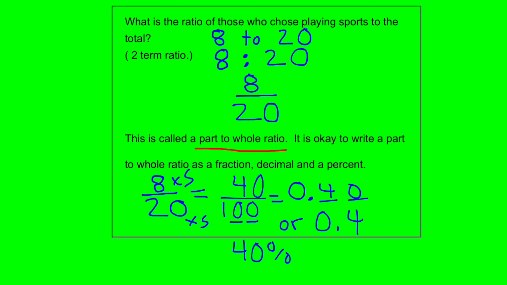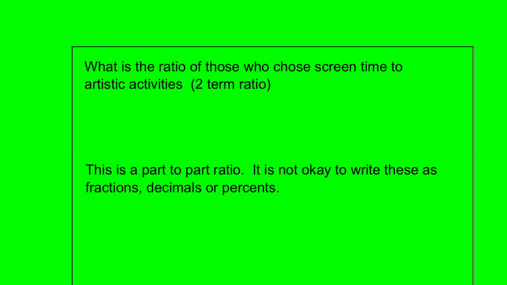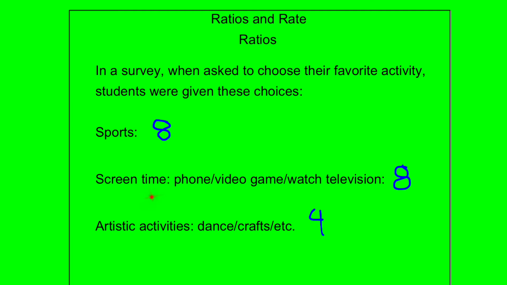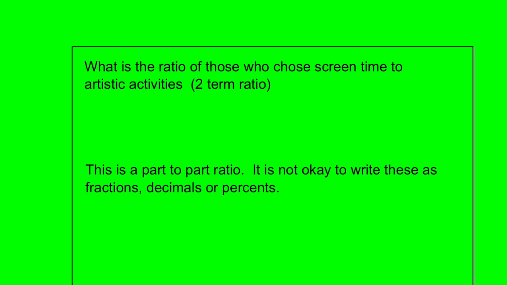Now let's look at another ratio. This one, I asked, what is the ratio of those who chose screen time to artistic activities? So I'm going to go back to the data here. Screen time was 8, and artistic activities was 4. So that ratio we could write as 8:4, or 8 to 4.